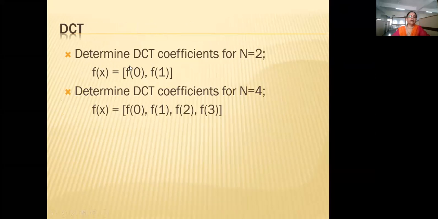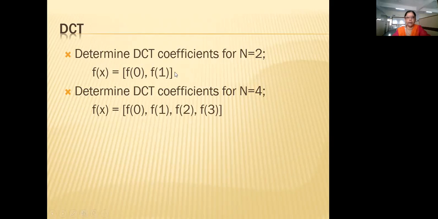Okay, so let us see how the transform coefficient matrix looks for DCT with n equal to 2. Now n equal to 2 means your input signal length is 2, or input vector length is 2.